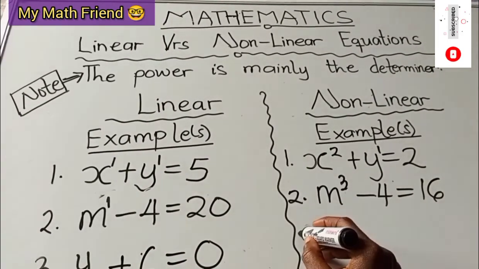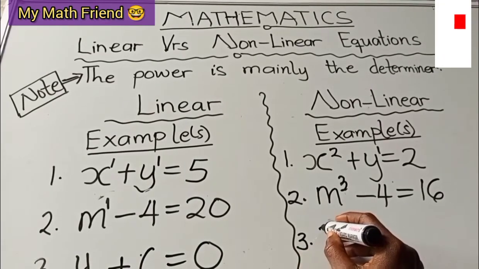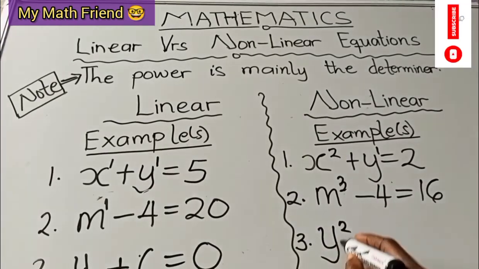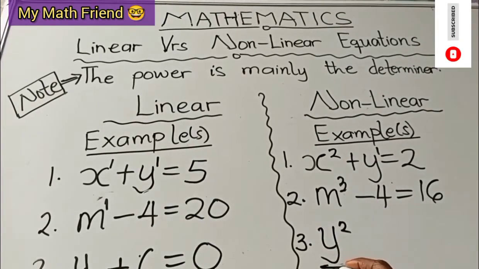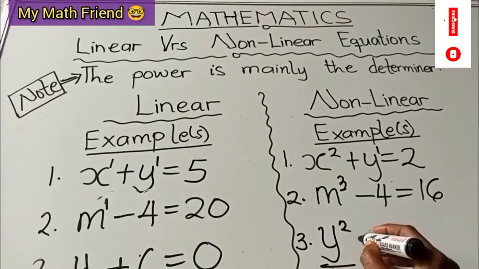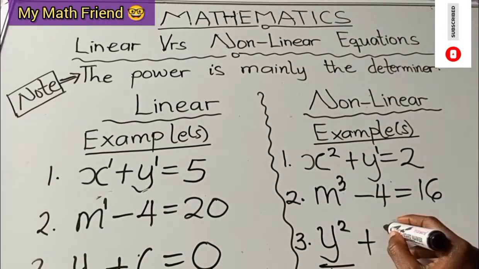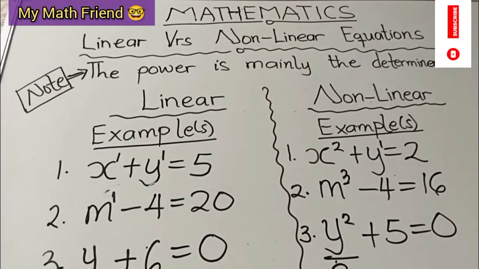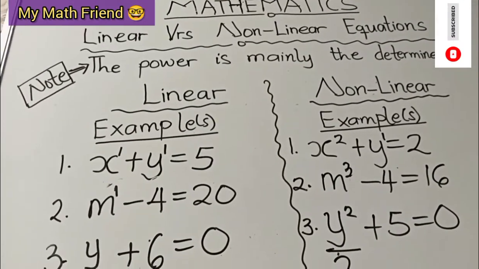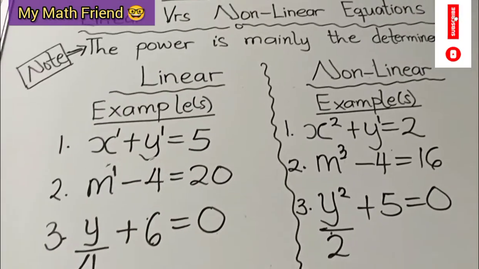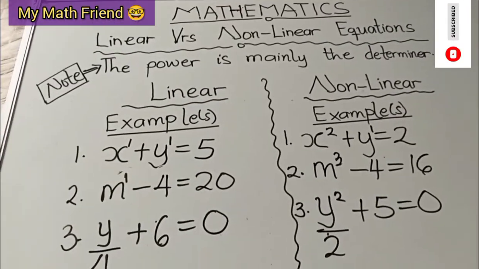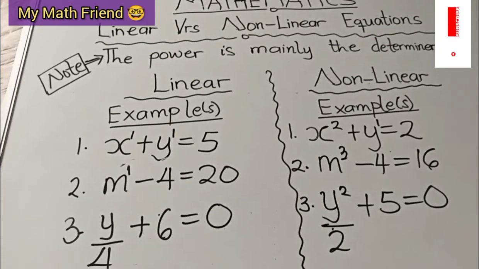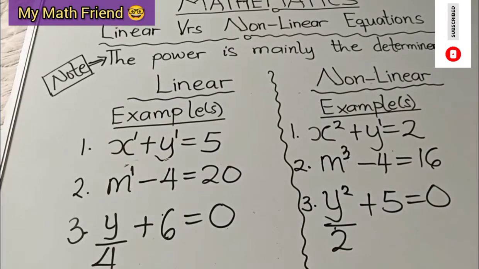Then you have, let's say, y squared over 2 plus 5 equals 0. Now let's look at these two examples. In the first, you have y over 4 plus 6 equals 0.